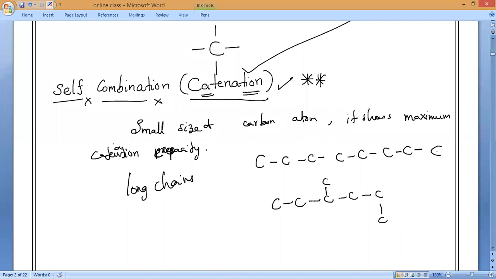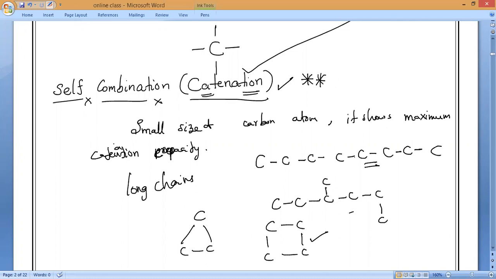Yes. So, like a normal metallic chain, it will form straight chains, it will form branched chains, it will form closed ring-like chains also. That is the speciality of carbon. It can form any kind of chain: straight chains, branched chains, and closed compounds. That property is called catenation, or self-combination.